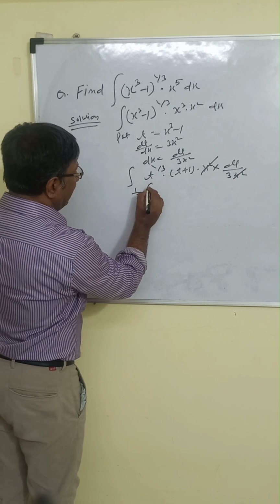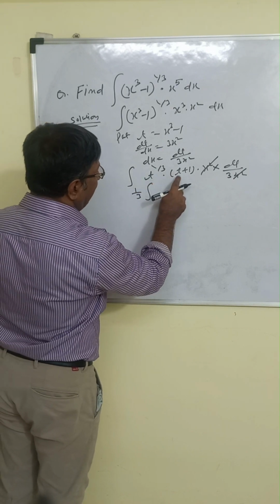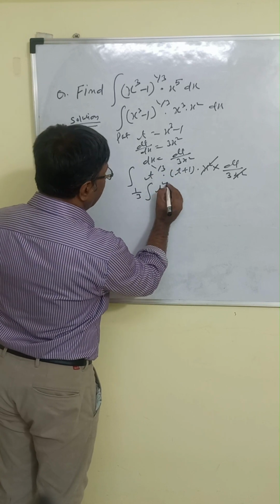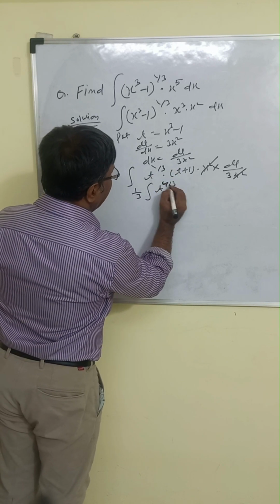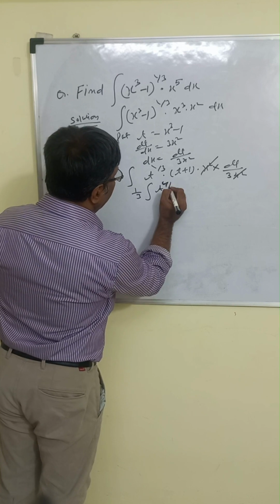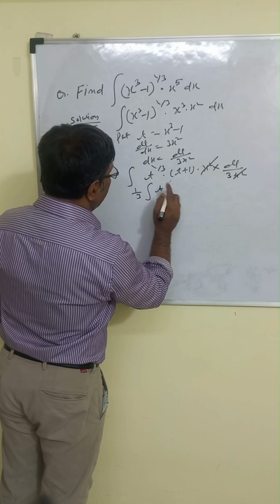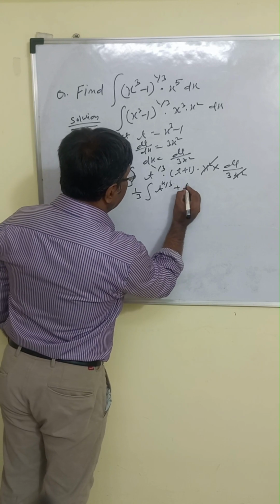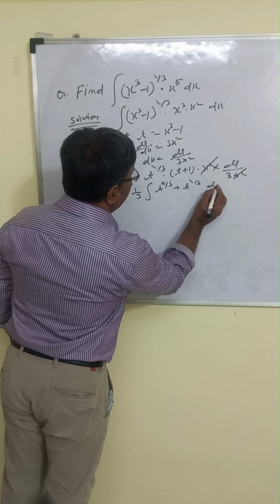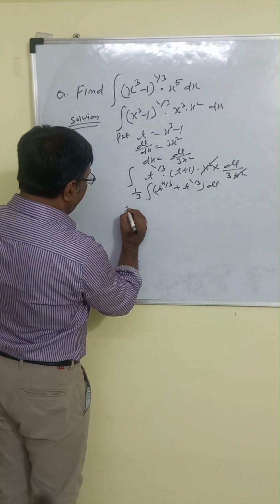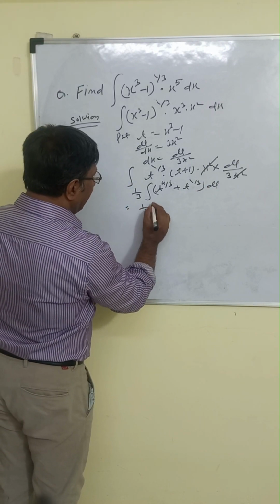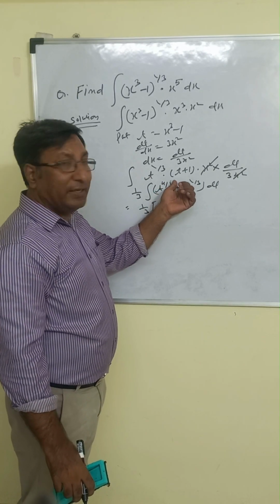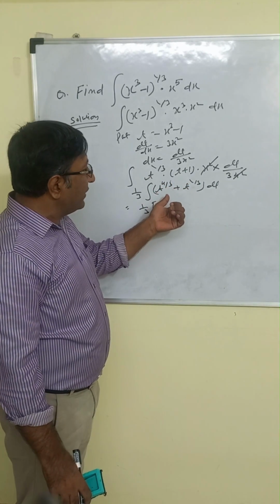Here we have 1 by 3 t power 1 by 3 into t, we will get 1 by 3 plus 1, 4 by 3, right? So this is t to the power 4 by 3, and again plus t to the power 1 by 3 dt. So when we find integration of this, t power 4 by 3, integration will be 4 by 3 plus 1 divided by 4 by 3 plus 1.